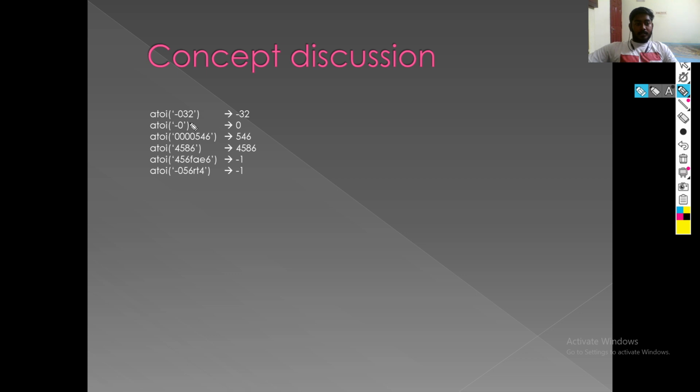If a string value is -32, we get an output of -32. If it is -0, we only get 0. Whatever zeros precede the number, however many there are, we should not take them into consideration. For example, here we see 0000546, but the output must be 546.